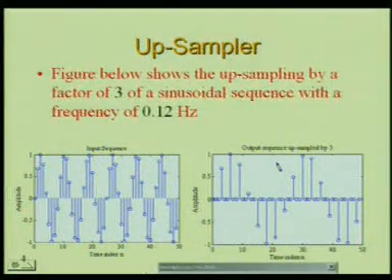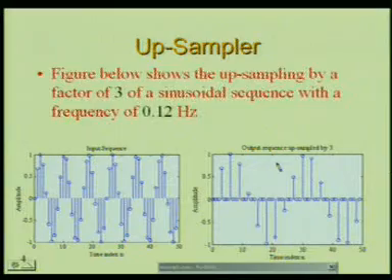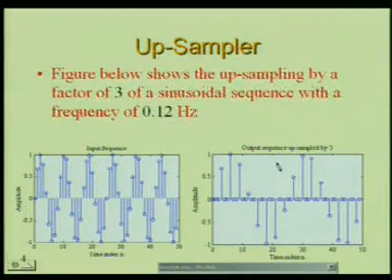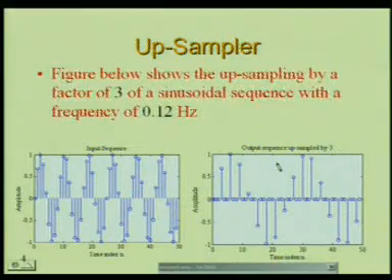The figure shown here will explain how to achieve the upsampled version of the input sequence x n. This side we have the sinusoidal signal with frequency say 0.12 hertz, and let us assume that the upsampling factor is 3.